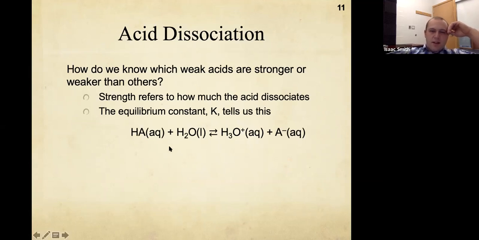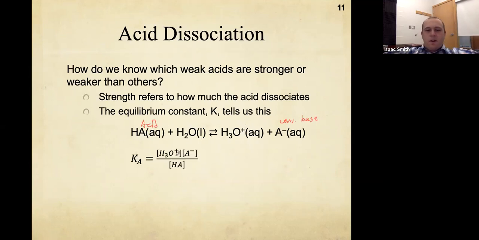So if we look at this very generic acid reaction, you have an acid, HA, okay, that's going to give up its proton, and this would be the conjugate base, okay? So if we wrote the equilibrium constant expression for this, we would have the concentration of hydronium times the concentration of the conjugate base over the concentration of the acid.